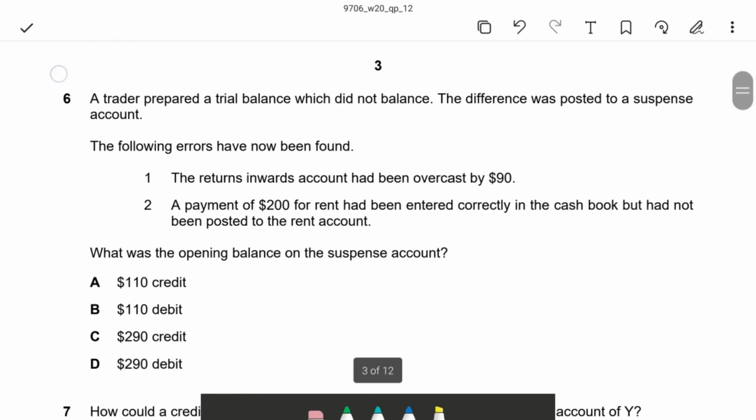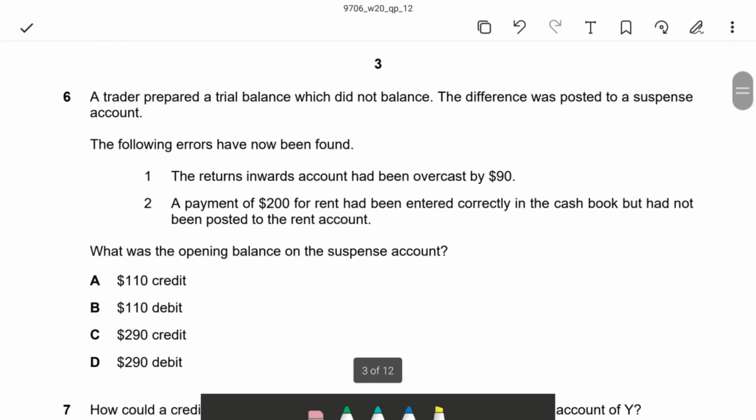Next, question number 6. A trader prepared a trial balance which did not balance. The difference was posted to suspense account.